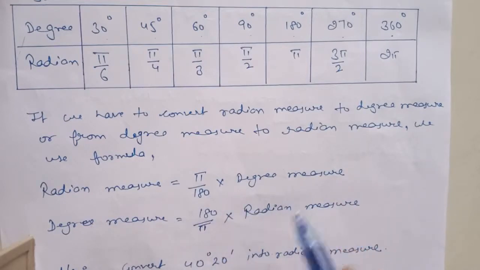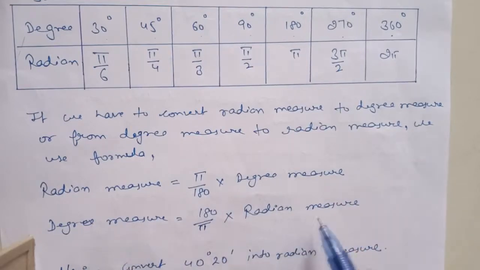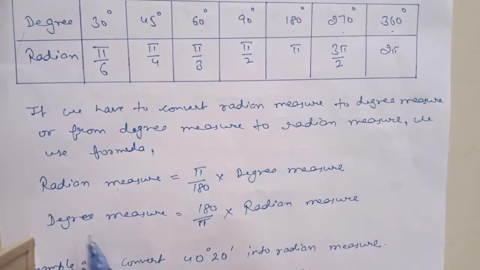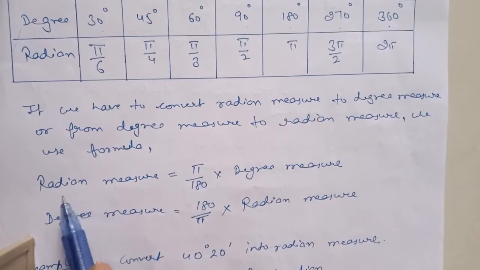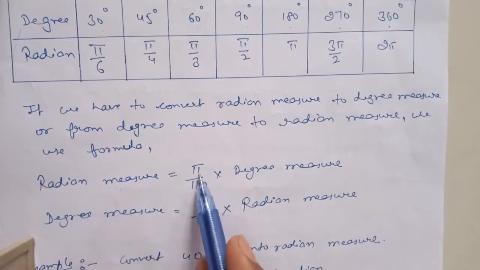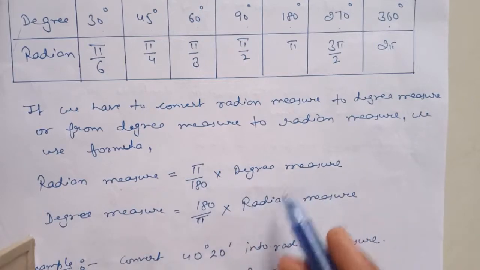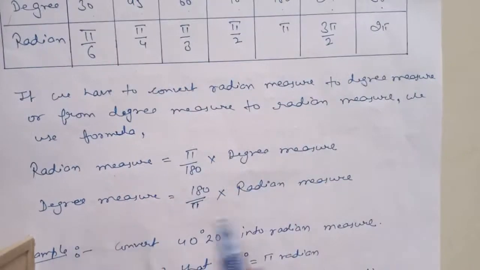And if we have to convert radian measure into degree measure, we use the formula: degree measure is equal to 180 upon pi into radian measure. It is just the inverse.